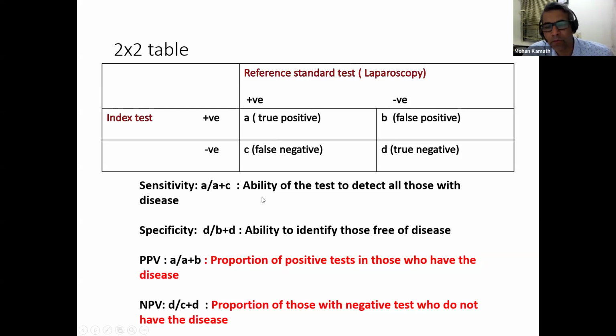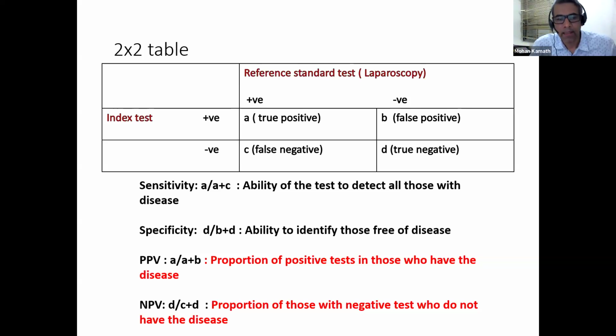So now if you put it the other way, sensitivity is about the ability of a test to detect all those who have a disease. Specificity is about the ability to identify those who don't have the disease. So always when you think about sensitivity, think about trying to pick up those with the disease. When you're talking about specificity, you're trying to pick up those who do not have the disease. This is again and again something we need to reinforce.